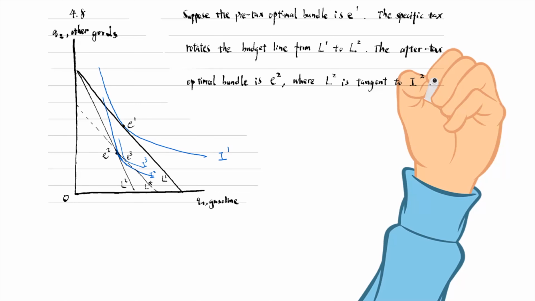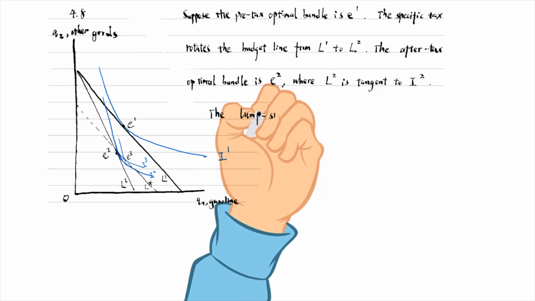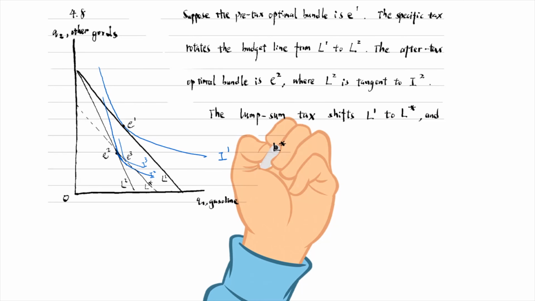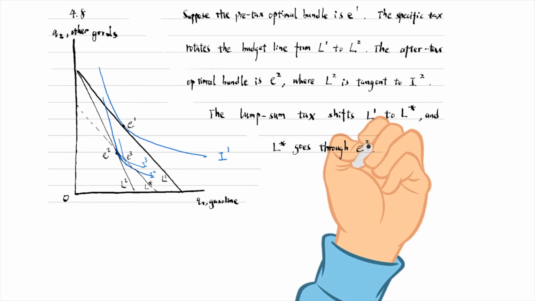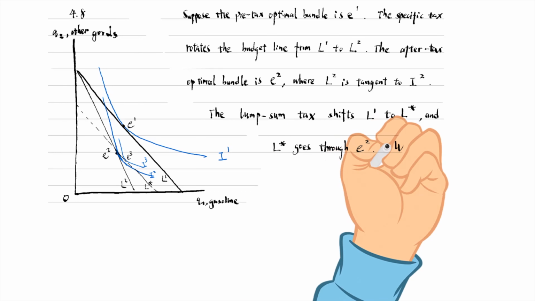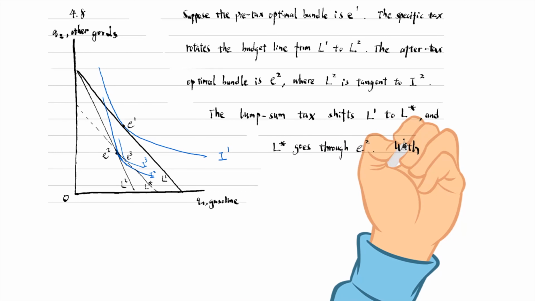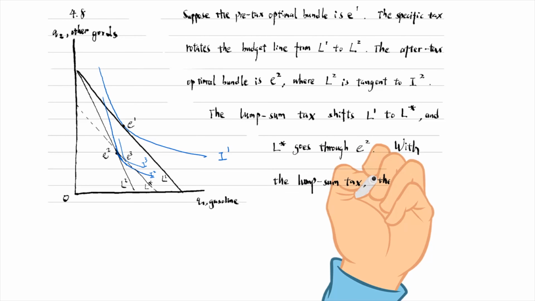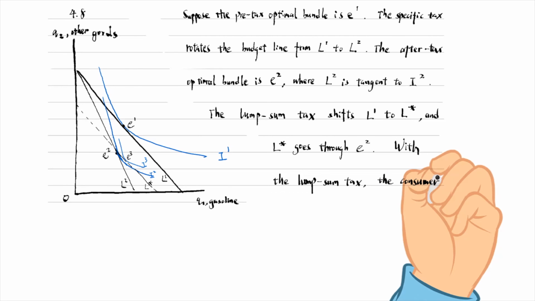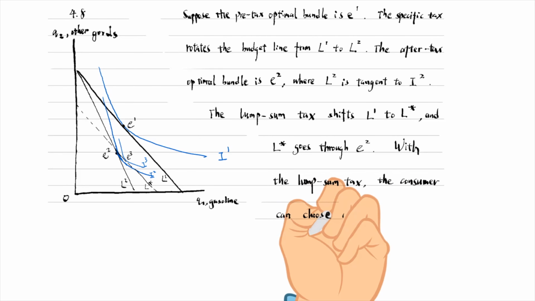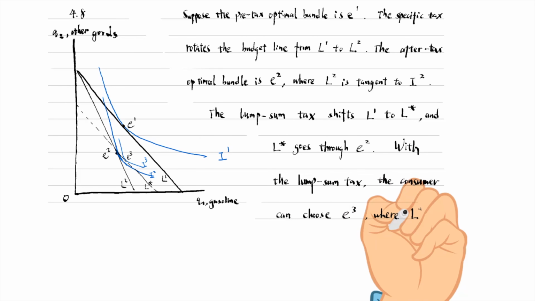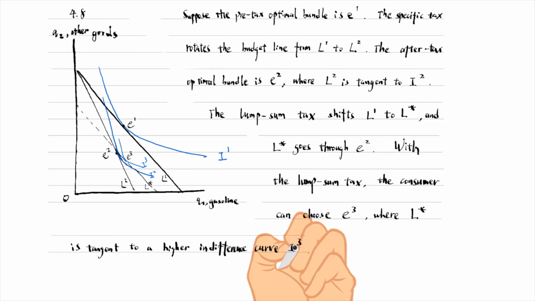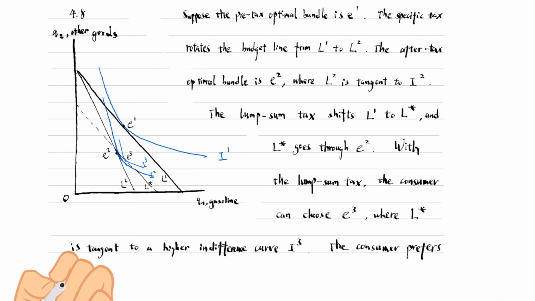The lump sum tax shifts L1 to L star, and L star goes through E2. With the lump sum tax, the consumer can choose E3, where L star is tangent to a higher indifference curve I3. The consumer prefers the lump sum tax.